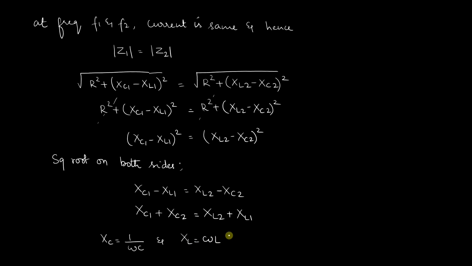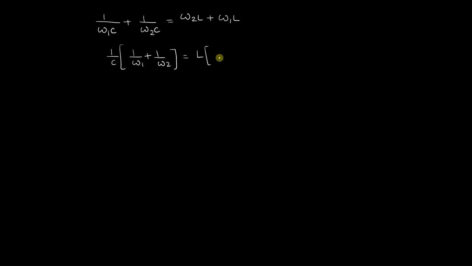So substitute that here and you get 1 by omega 1 C plus 1 by omega 2 C to be equal to omega 2 L plus omega 1 L. C is common. This is 1 by omega 1 plus 1 by omega 2, which is equal to L is common, omega 2 plus omega 1. You can still more simplify.